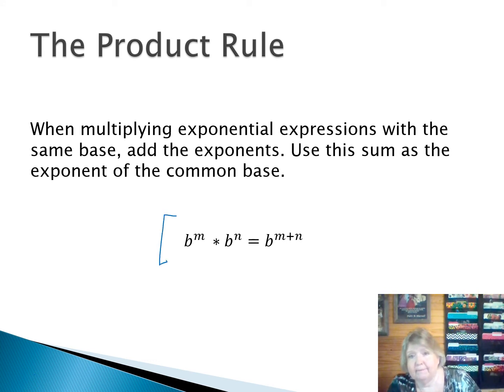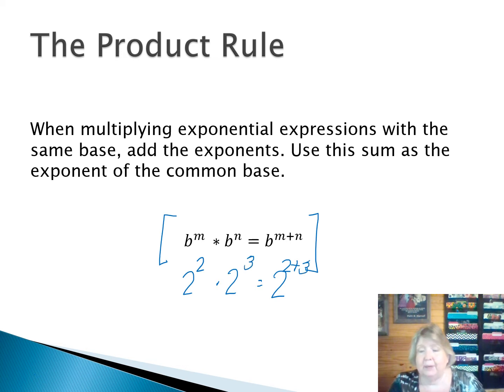Also, algebraically, that says the same thing. Now, why do I like the algebra? Because, see, I can say b is 2, m is 2, and n is 3, and there is exactly my example from the previous page.